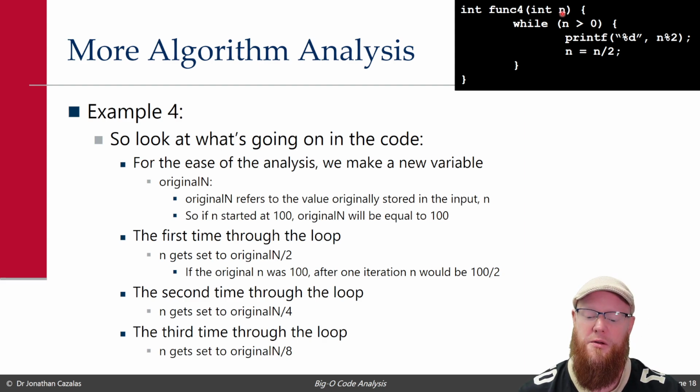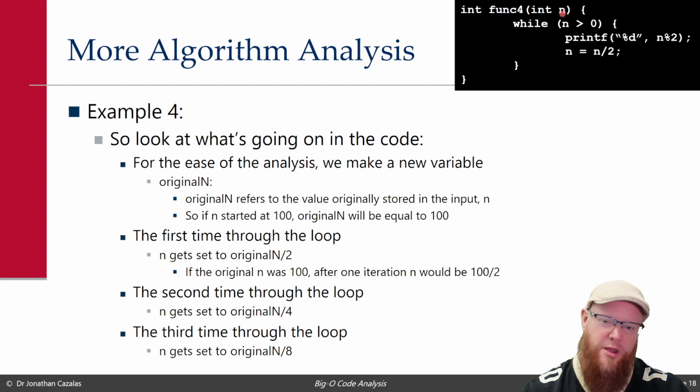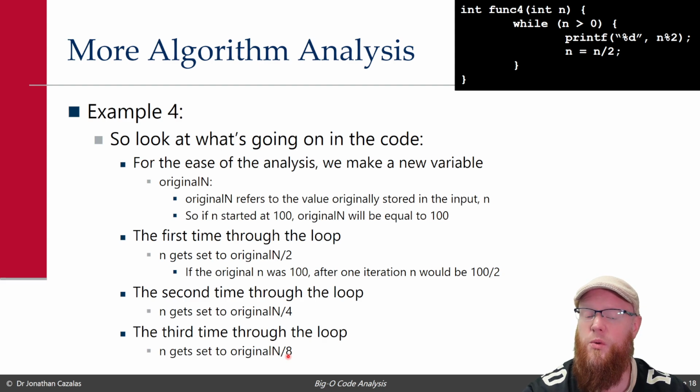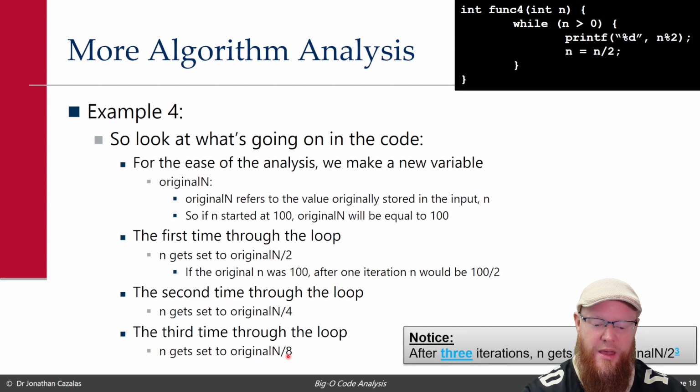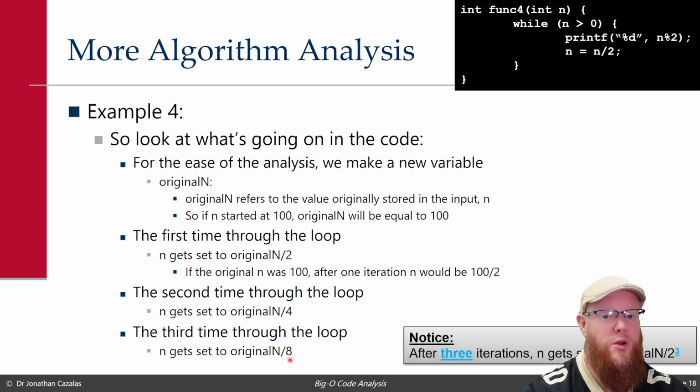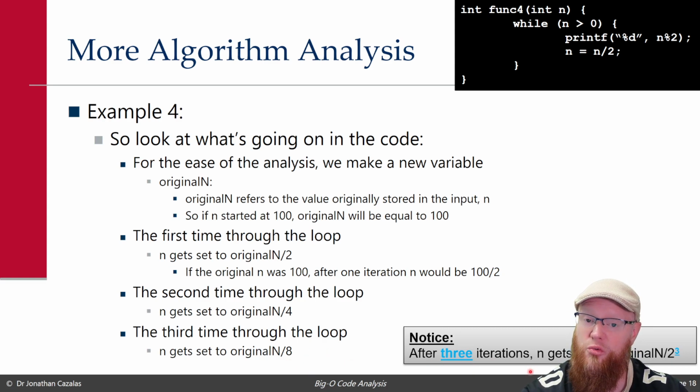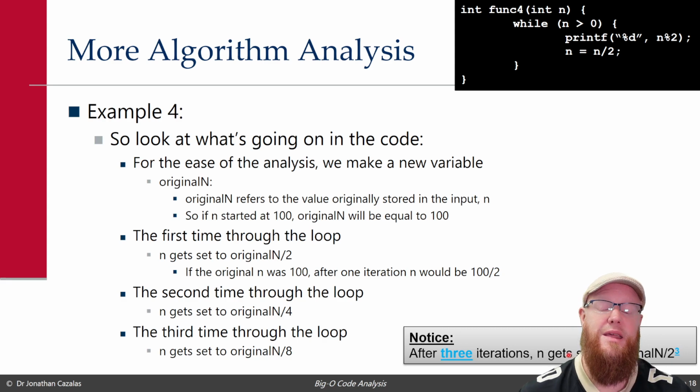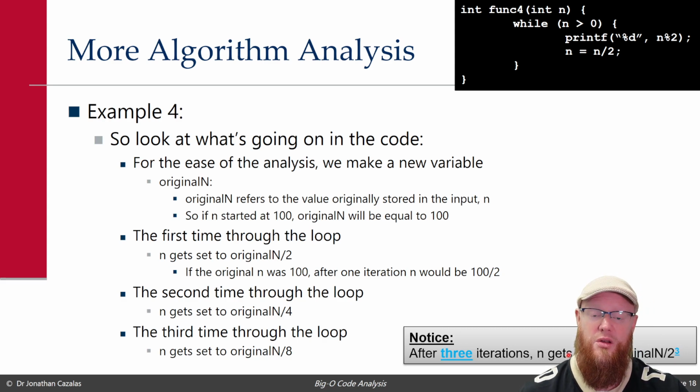Is there a pattern? Well, there is a pattern, but you don't see it until you really look at what this 4 is and what this 8 is. And it's really, we're going to use the powers of 2. After 3 iterations, we had original n divided by 8. But really, if we realize that 8 is 2 cubed, after 3 iterations, n gets set to original n divided by 2 to the 3.